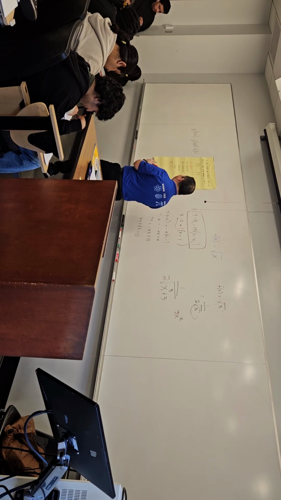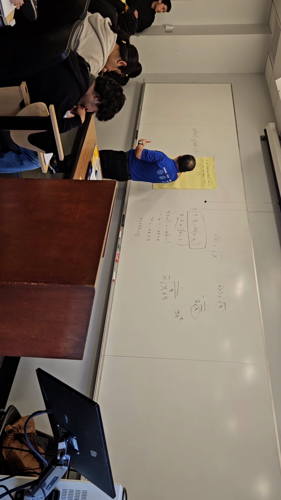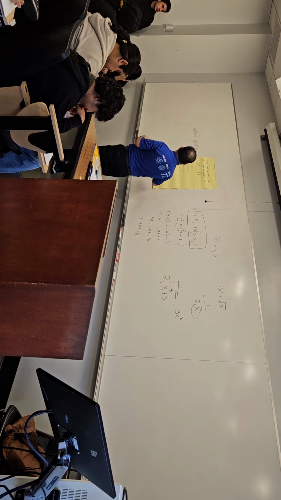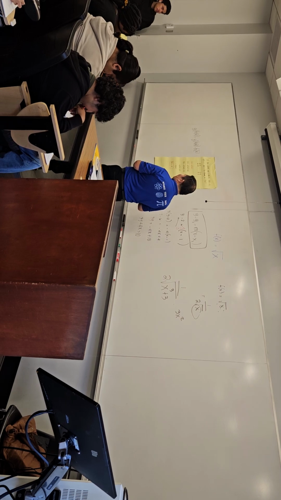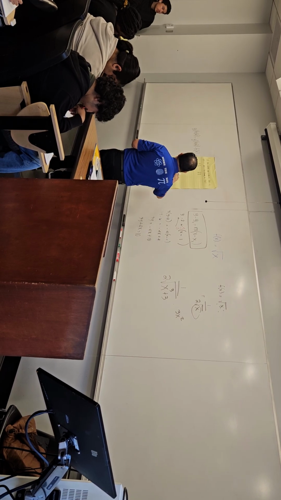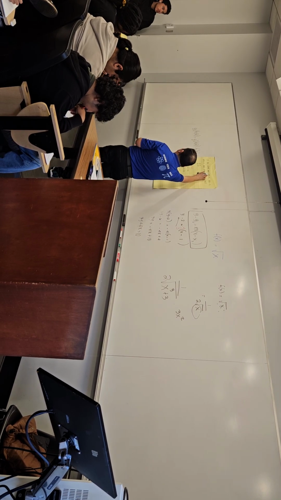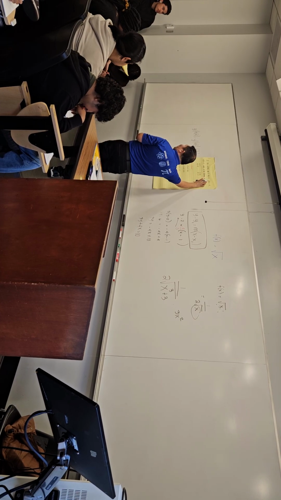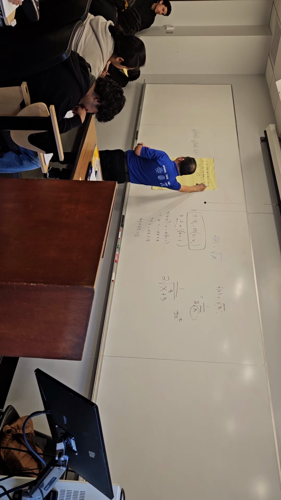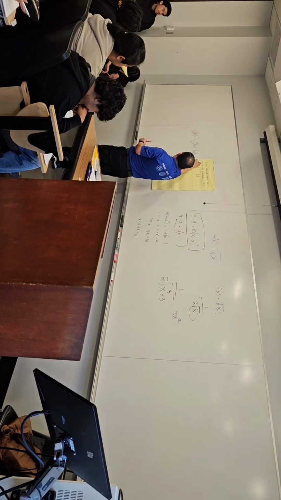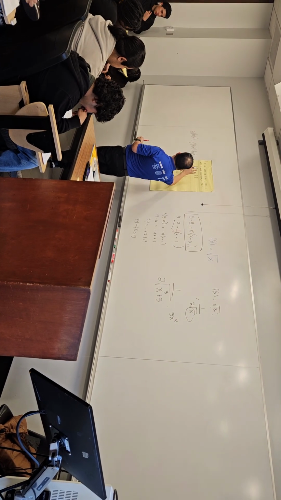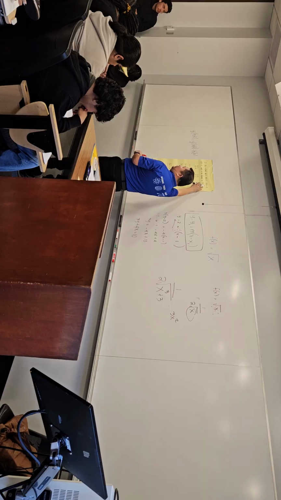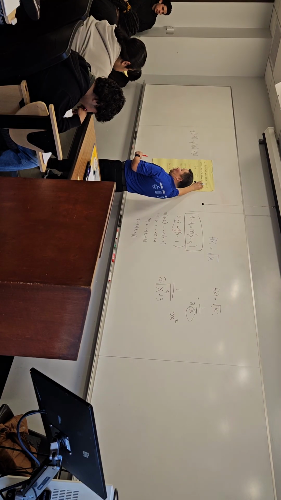If f of x is equal to g of h of x, and we have this condition that h of 2 is 5, h prime of 2 is negative 5, g prime of 5 is 3. Which of the following is f prime of 2?